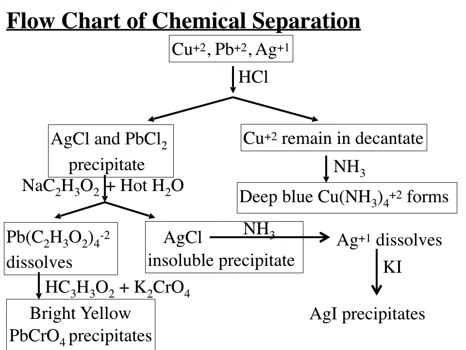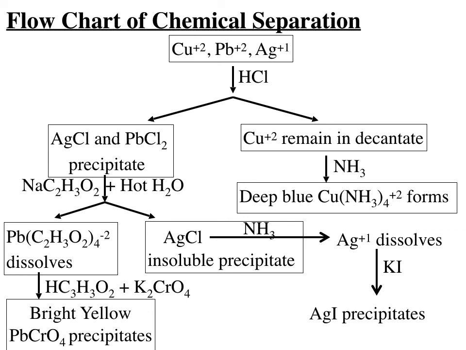Then we take the precipitate, and to the precipitate we add some ammonia to dissolve it, and then to that dissolved solution that contains silver cations we add some potassium iodide, which should precipitate silver iodide. So if you see a precipitate at that point, it indicates that you had silver cations present as well.